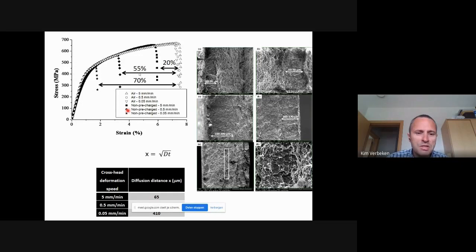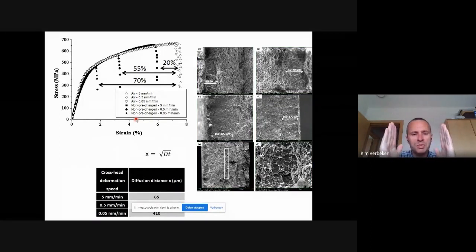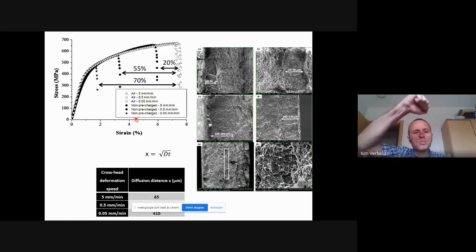This means that you have your specimen and you start the charging from the moment you start pulling your specimen. So hydrogen can start entering your material when you are doing the mechanical test, but it can also only diffuse to a certain extent inside your material.